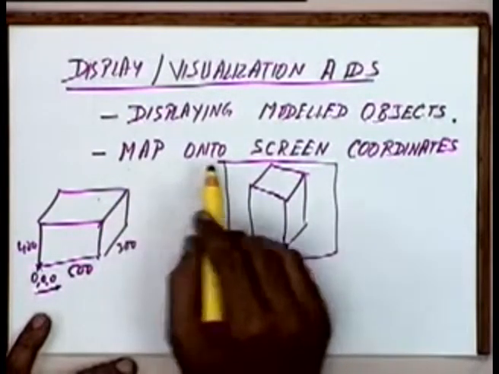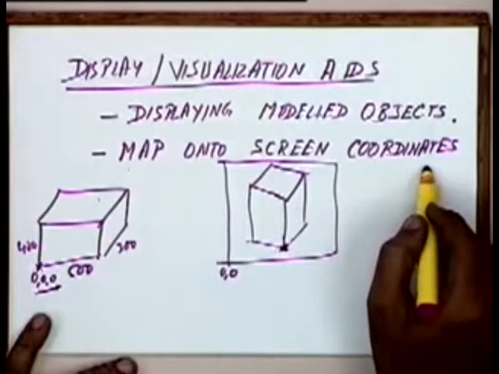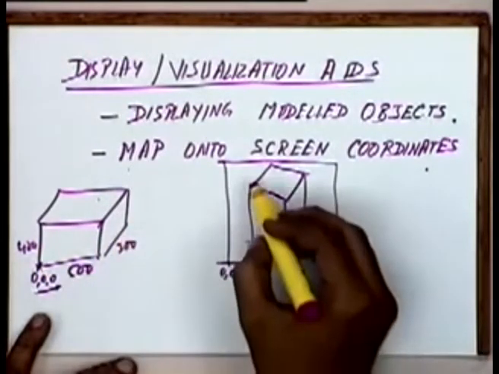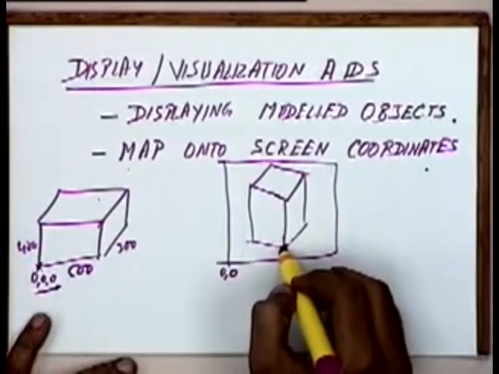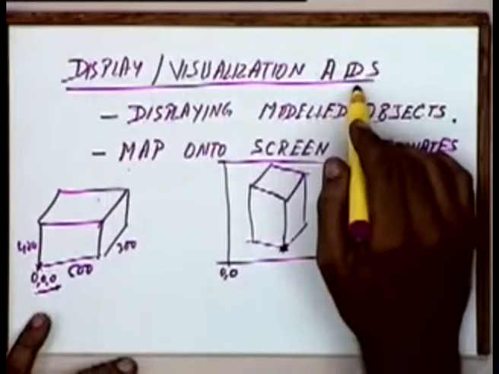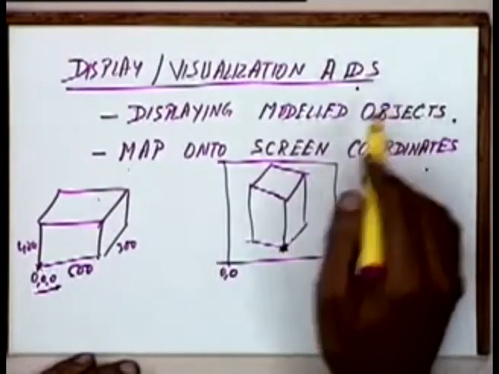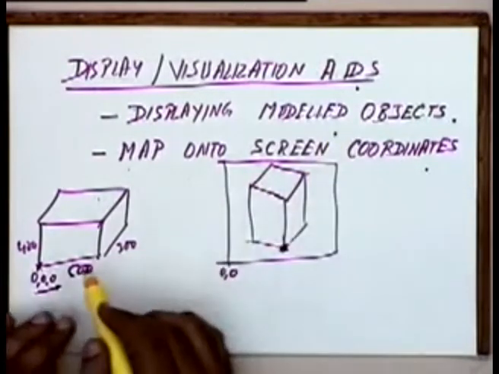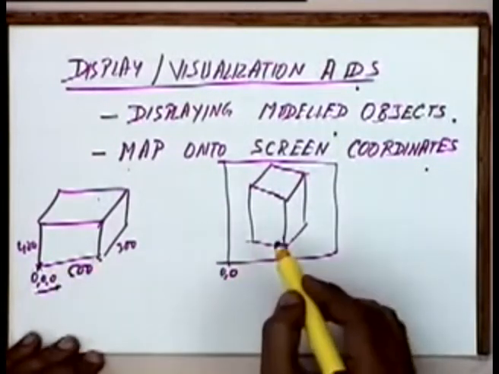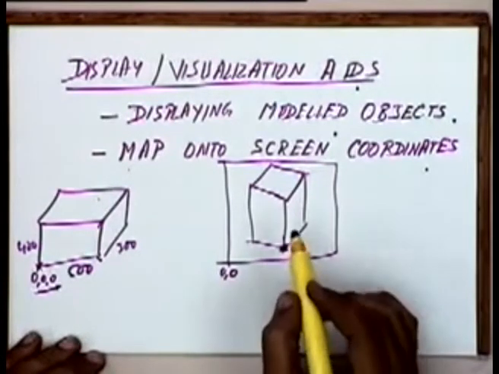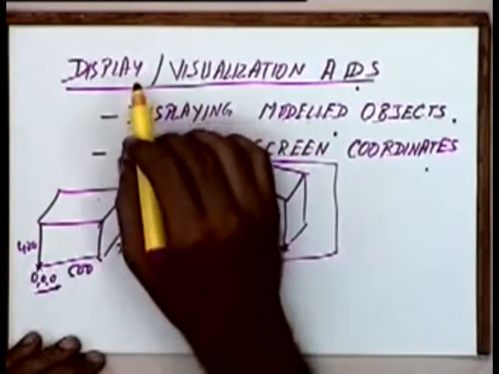That is what we mean by mapping onto screen coordinates. If I am able to map every point on this block, then I can draw the object on the screen. So when we are talking of displaying or visualization of that object, we are basically talking of taking that model object, and for each and every point we find a corresponding point on the screen coordinates. That is what we mean by display.